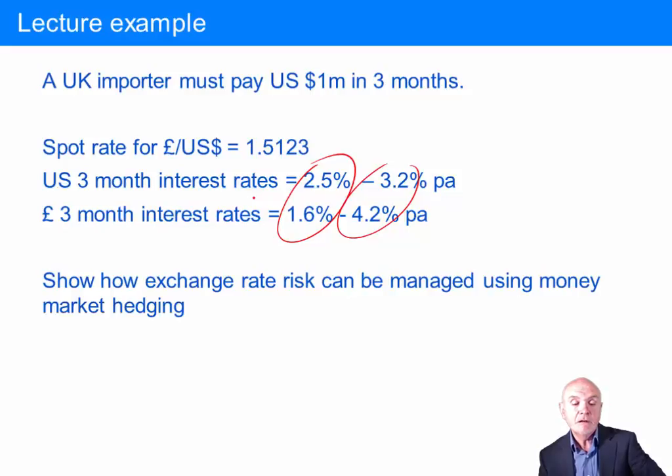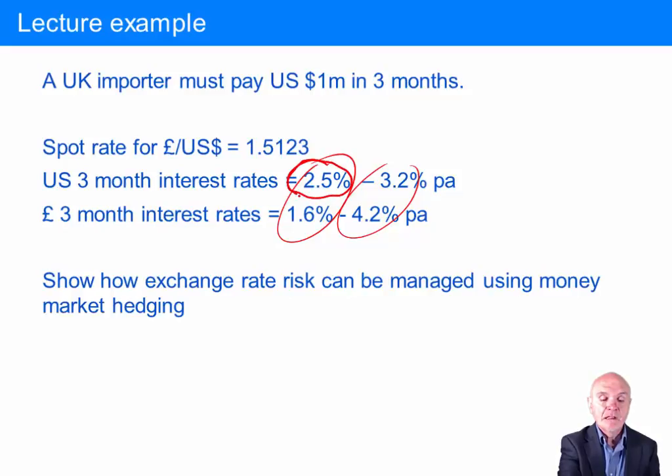So we know we need $1 million in 3 months. Therefore, how many dollars would we need to put on deposit now to grow to that? So we're going to be dealing here with dollar interest rates because it's dollars, and the bank is going to pay us at the lower rate. But remember, this is per annum.